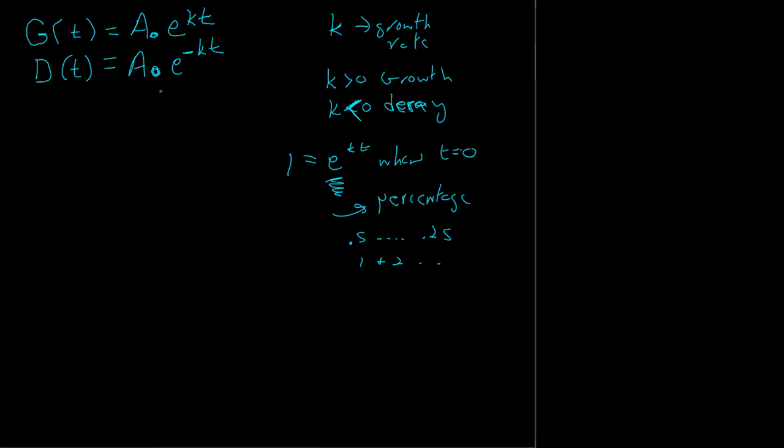So let's look at a couple models. And I really want to move towards the combined model, a logistic model. But I really hate doing the same population models over and over again, or the same radioactive decay ones.